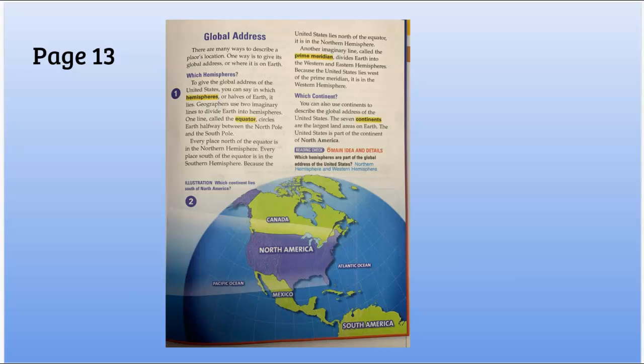The 7 continents are the largest land areas on Earth. The United States is part of the continent of North America. So, just to recap, the United States is in the northern hemisphere and it is in the western hemisphere.